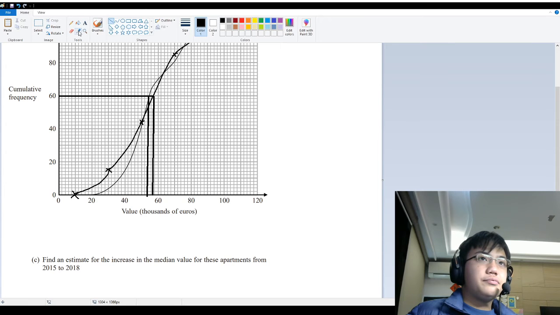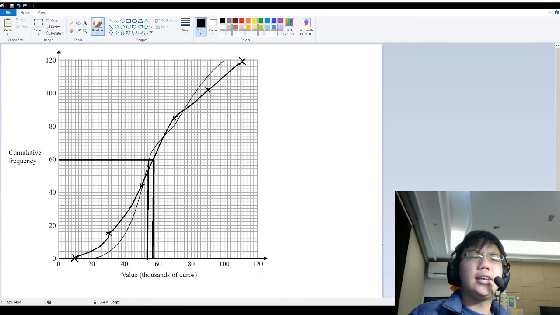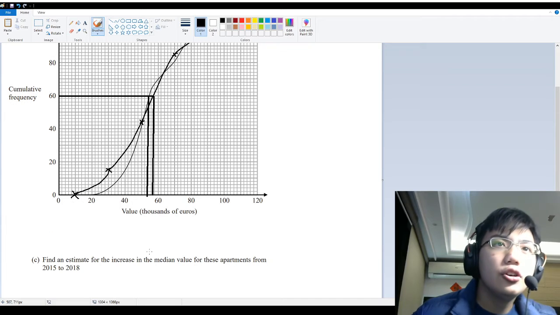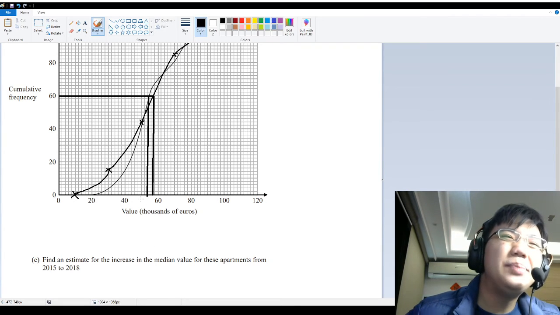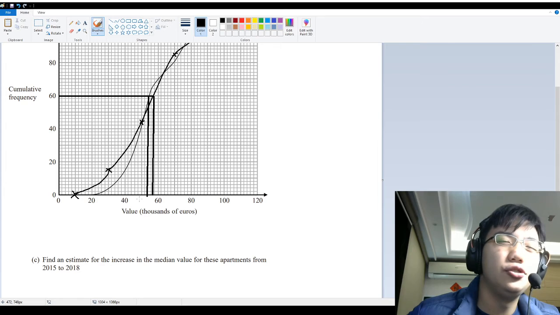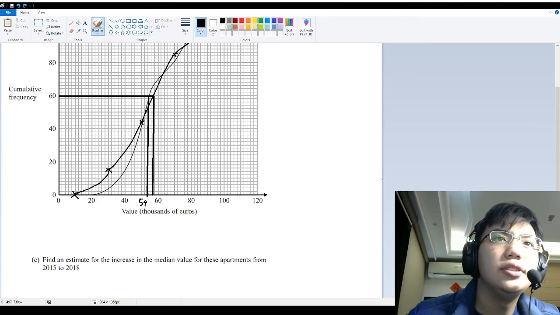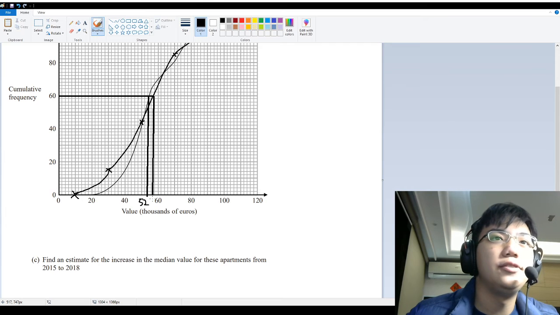So for the original graph, this thinner one right here, the median value in thousands of euros is 54, while the median value of new apartments is, on this graph, 50, 1, 2, 3, 4, 5. Actually, the median of this is 52, not 54. No, it's 54.